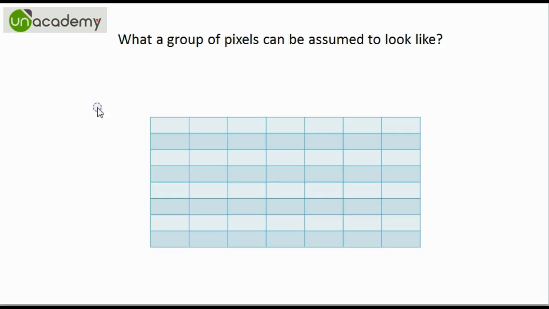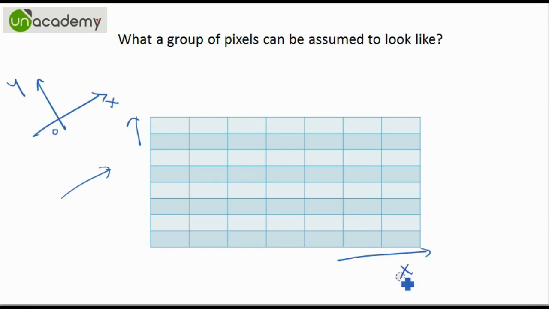So, let us see what a group of pixels look like. It can be assumed to look like a matrix, as the one shown here, having axes. Let us assume that you are familiar with this Cartesian diagram with x axis, y axis and origin. The same thing is happening here. We have the axis here and we want to draw a line from here to say this point.